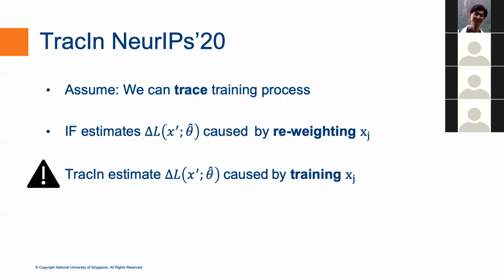Remember that the original IF estimates the change in testing loss caused by reweighting xj, but TracIn tries to estimate the change in testing loss caused by training on xj. So there's a slight difference I want to emphasize. I have no questions here.